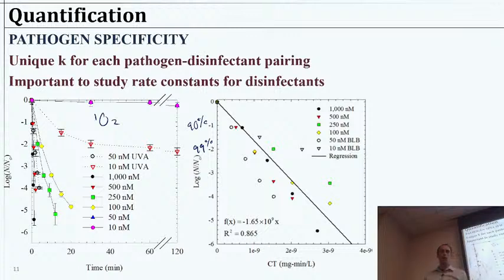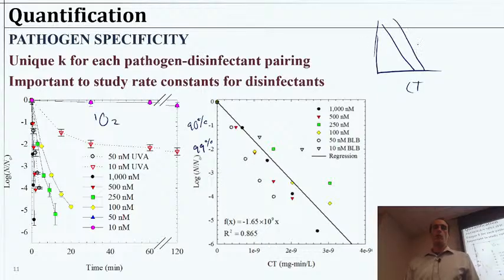So you'll see CT plots with some frequency where they would take information like this and plot CT on the x-axis. A lot of times you'll see plots where you'd say, okay, here's a line of 99%, or here's a 3-log removal line, and plot it that way.